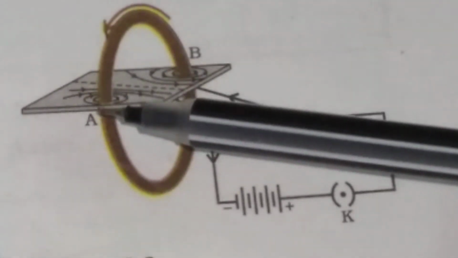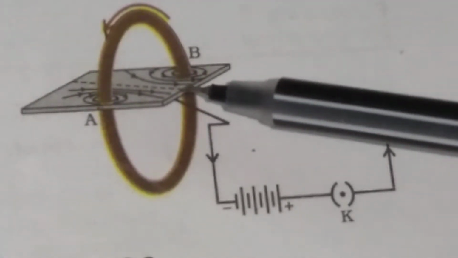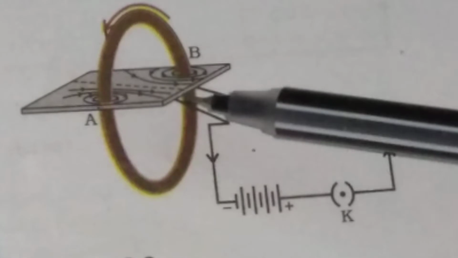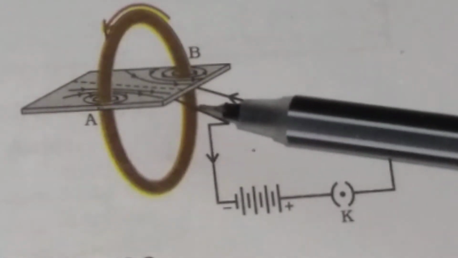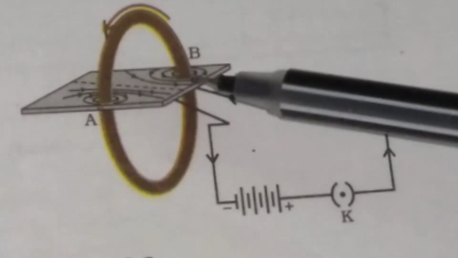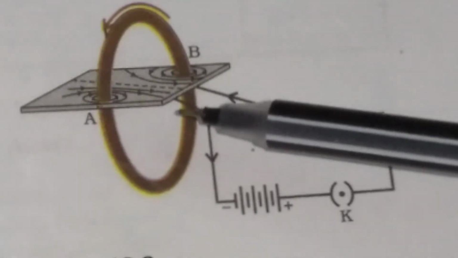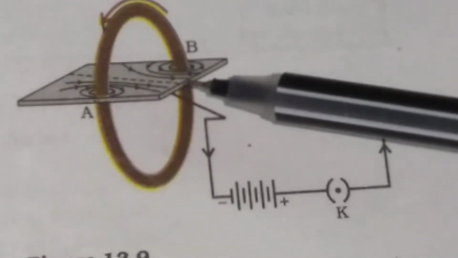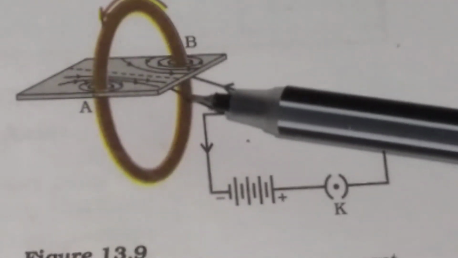Here there is a connection in the coil by the wires here and here. You take the coil having the number of turns either 20 or 50 or 100 or 200, etc.